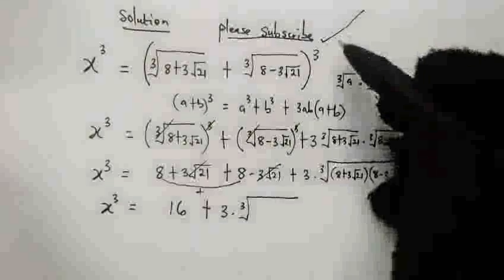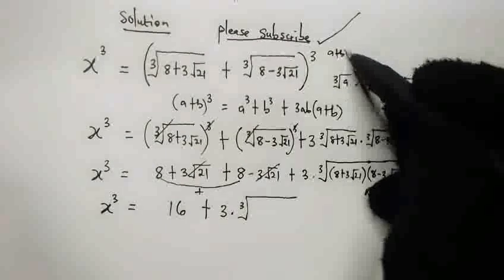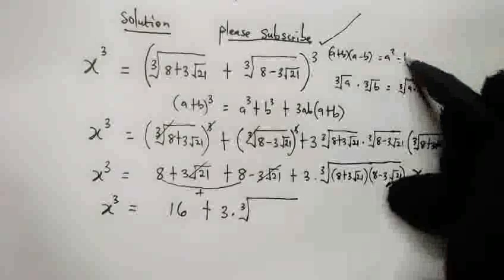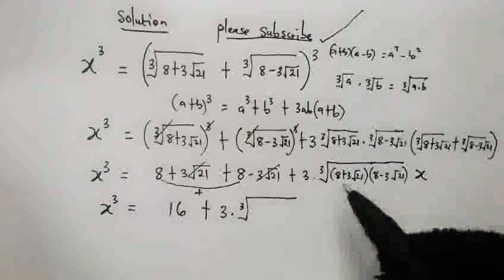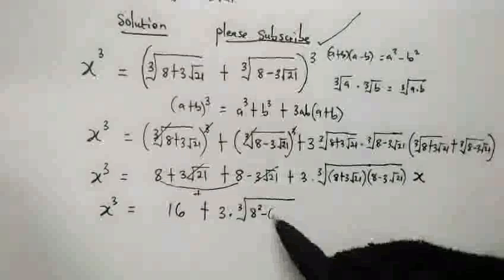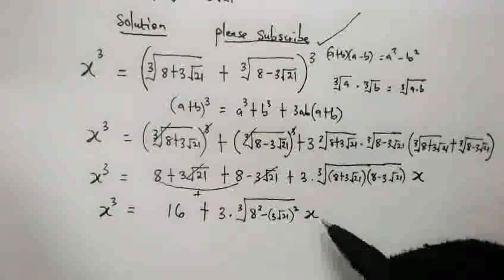If you recall, we have that (a plus b) multiplied by (a minus b) is equal to a squared minus b squared, right? So here we have this to be equal to 8 squared minus 3 root 21 squared, then x.